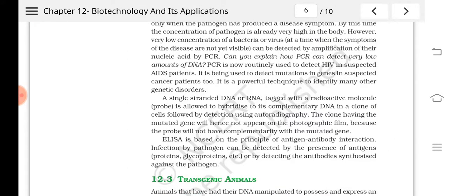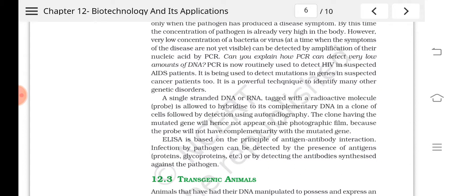So if the body is infected by any pathogen, it will produce certain antigens, isn't it? In the body it will appear as some antigens like proteins, glycoproteins, etc., or we can detect the antibody synthesized against the pathogen. If the body is infected by any pathogen, what will our body do? Our immune system will produce certain antibodies against that.